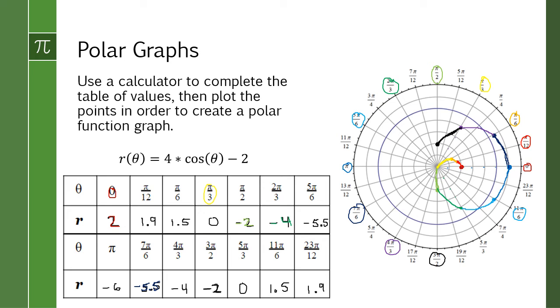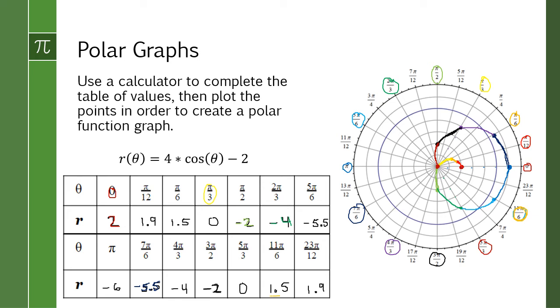And at my next angle, 5 pi over 3, my radius is 0, so that is a point right on the origin, not away from it at all. And then I have 2 more points to plot here. At 11 pi over 6, so that is right here. My radius is positive again, finally, positive 1.5.